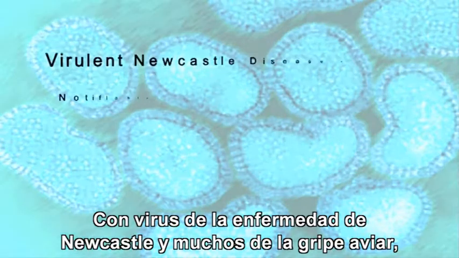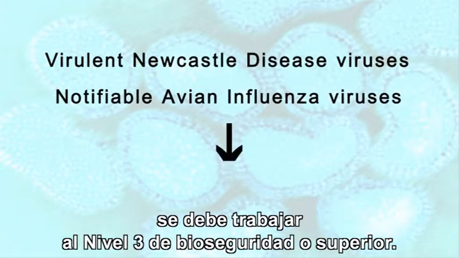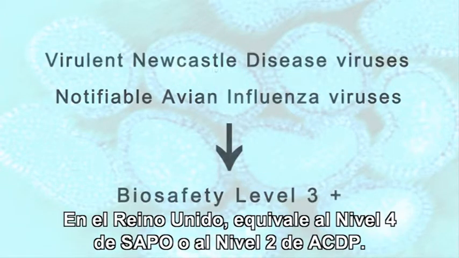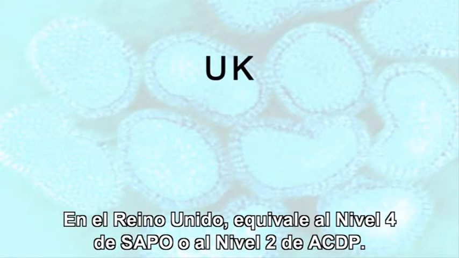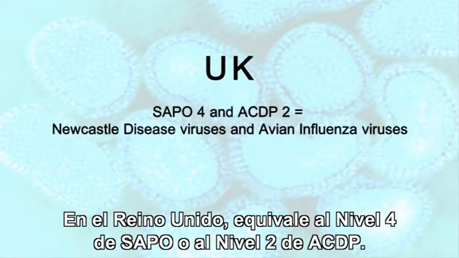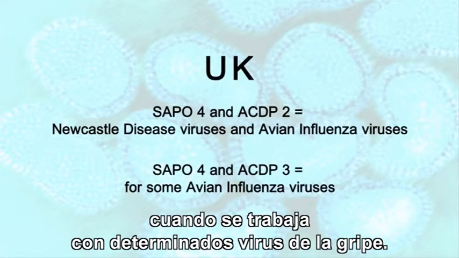When working with Newcastle disease viruses and most avian influenza, you are required to work at biosafety level 3+, which in the UK equates to working at SAPO level 4 or ACDP level 2. Extra precautions are needed for working with some specified influenza viruses.